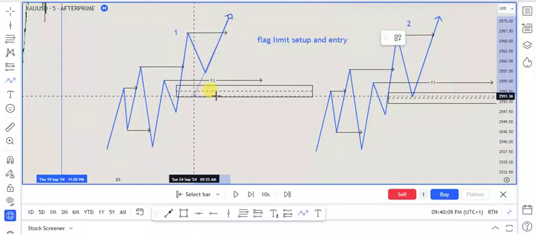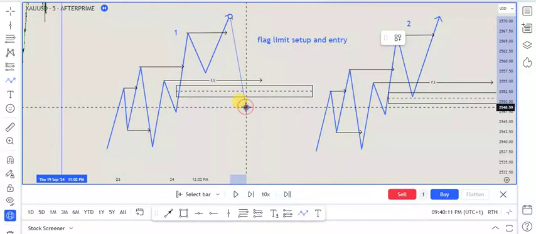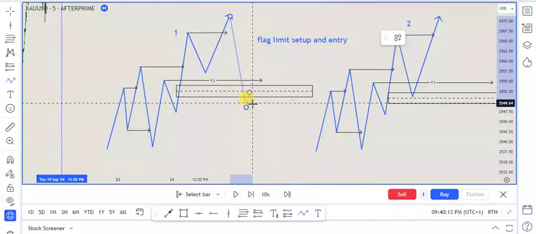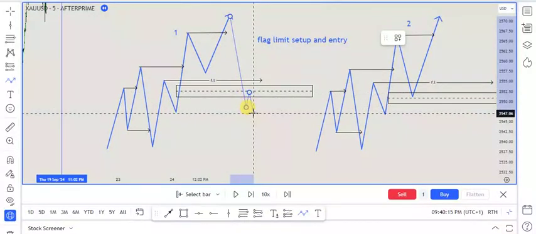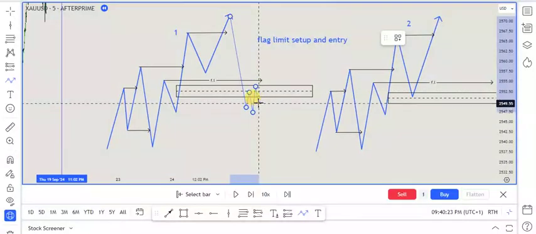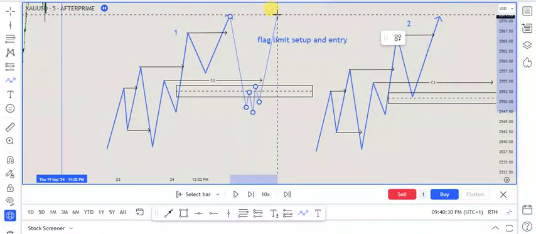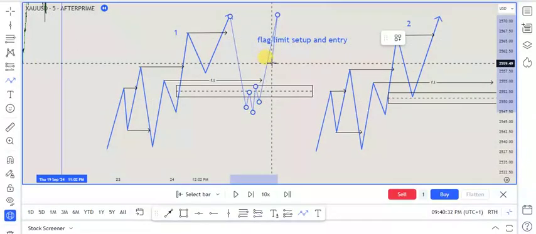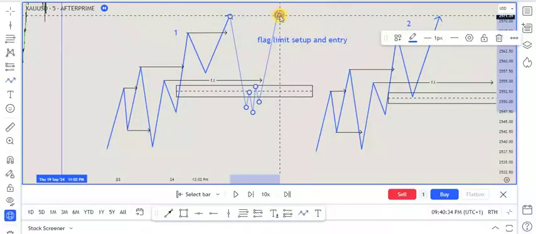It will hit it, create a sweep of liquidity and cause a break. Once you see that break of structure, the next thing is your entry. Your entry is any order block here. Once you enter, exit is at the top.